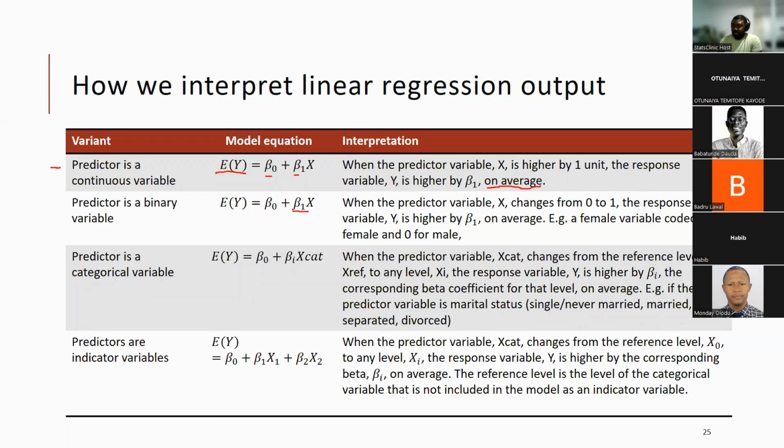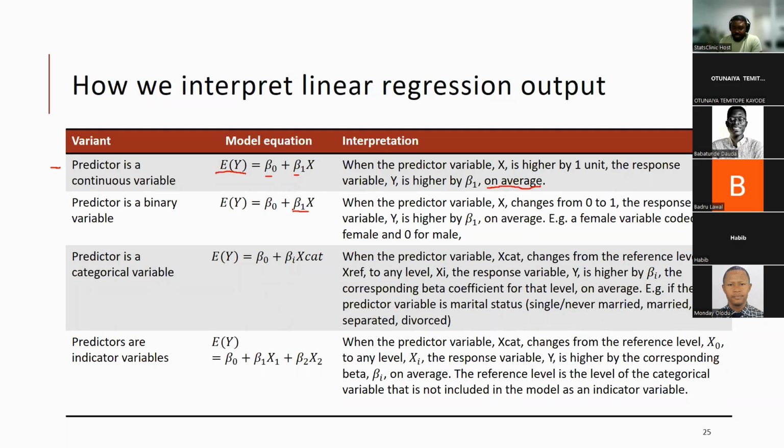Since we are using a binary variable, if our x is female, then we cannot equal male. So what's beta 1? Beta 1, not beta naught.